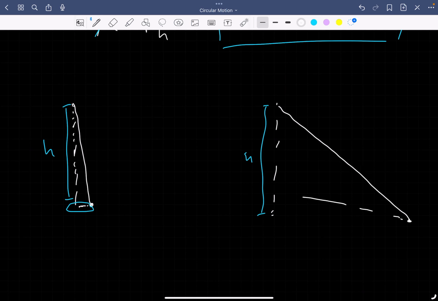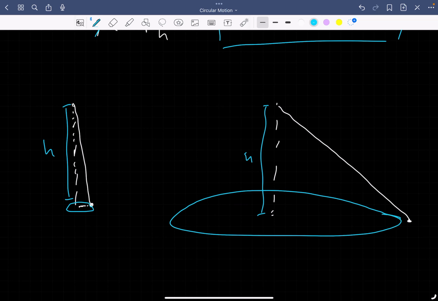So even if it's traveling in a much larger circle, as long as this vertical distance is the same, it means that it'll take the same amount of time to complete a rotation for any type of circular pendulum like this.